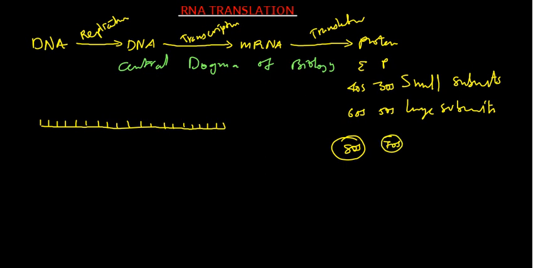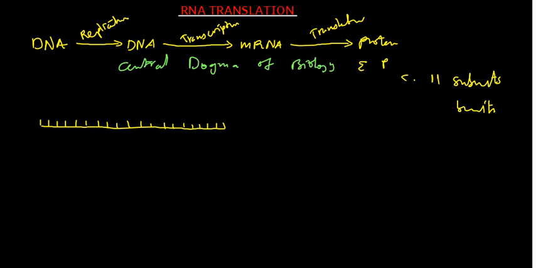The small ribosomal subunits, immediately we have got mRNA moving out of the nucleus, reading in the 5' to 3' direction, the small ribosomal subunits are going to locate the 5' end. This is what is called initiation of translation.